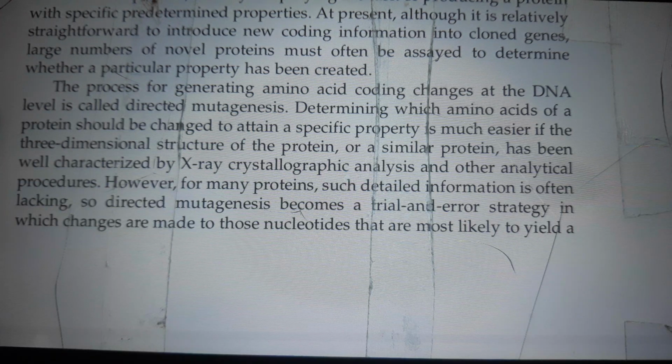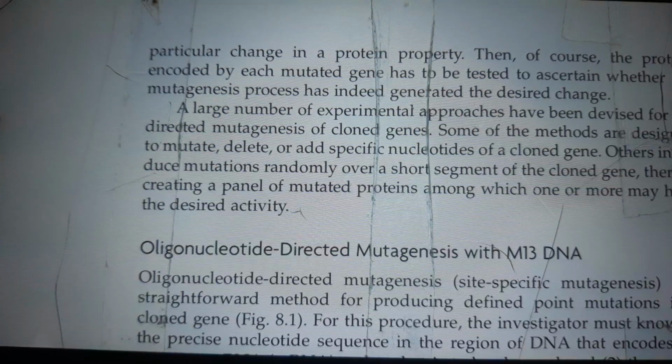Determining which amino acids of a protein should be changed to attain a specific property is much easier if the three-dimensional structure of the protein or a similar protein has been well characterized by X-ray crystallographic analysis and other analytical procedures. However, for many proteins, such detailed information is often lacking, so directed mutagenesis becomes a trial and error strategy in which changes are made to those nucleotides that are most likely to yield a particular change in a protein property.